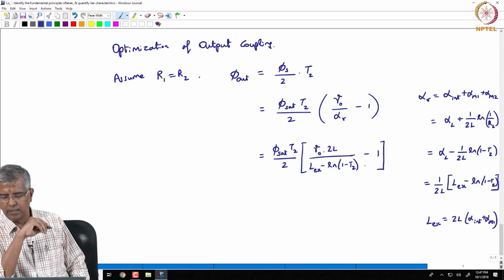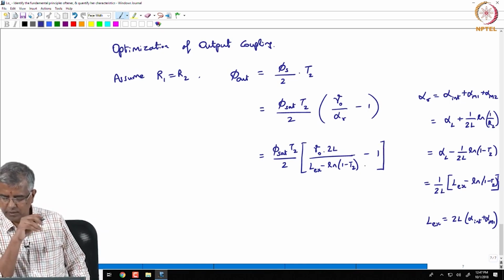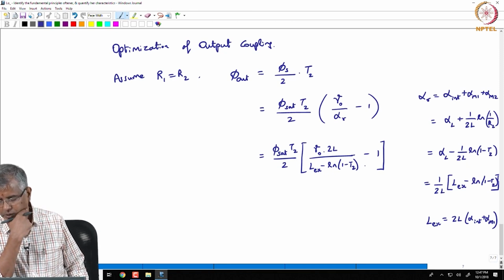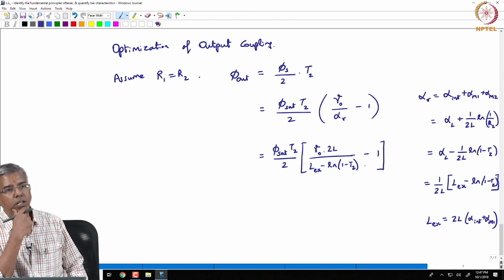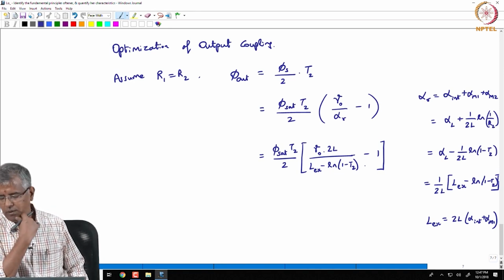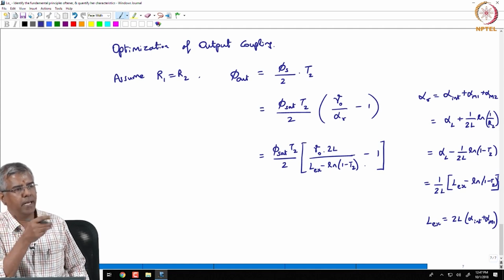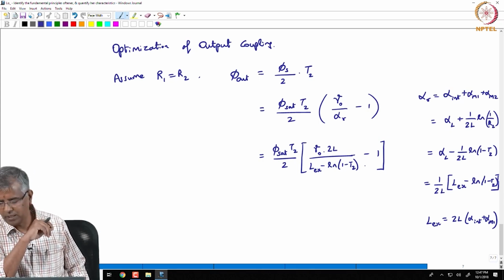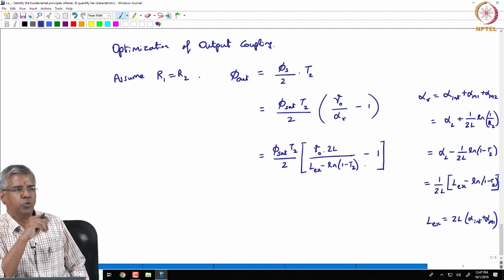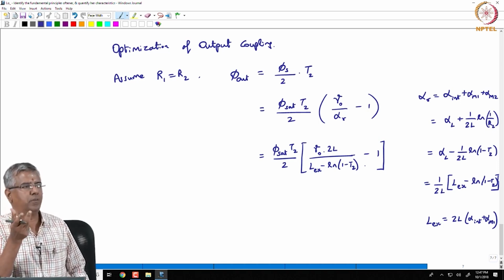Okay. So, here lies the contradiction. You can say that when T2 is very small, then ln of 1 minus T2 can be written as plus T2. So, that will be Lx plus T2 sort of thing in the denominator, and T2 is very small, that is the assumption that we started with.